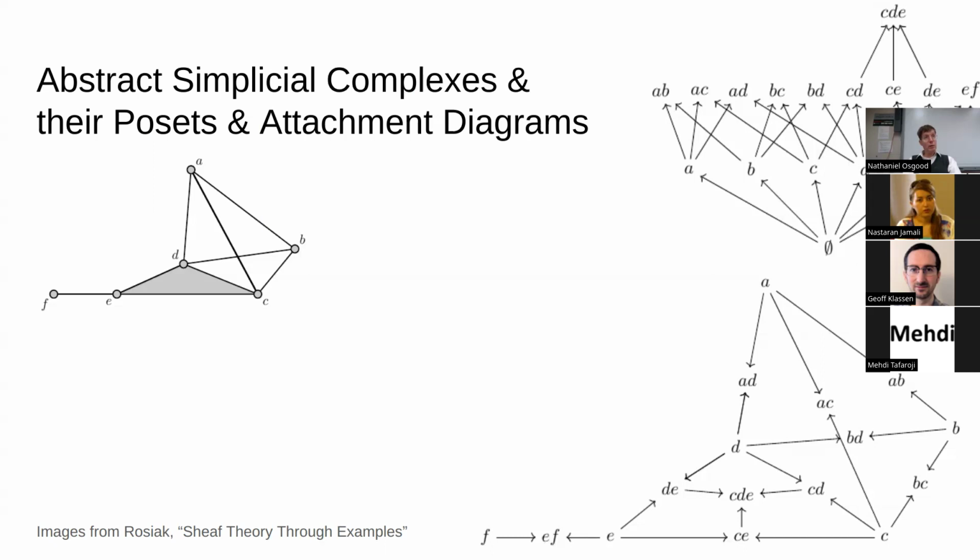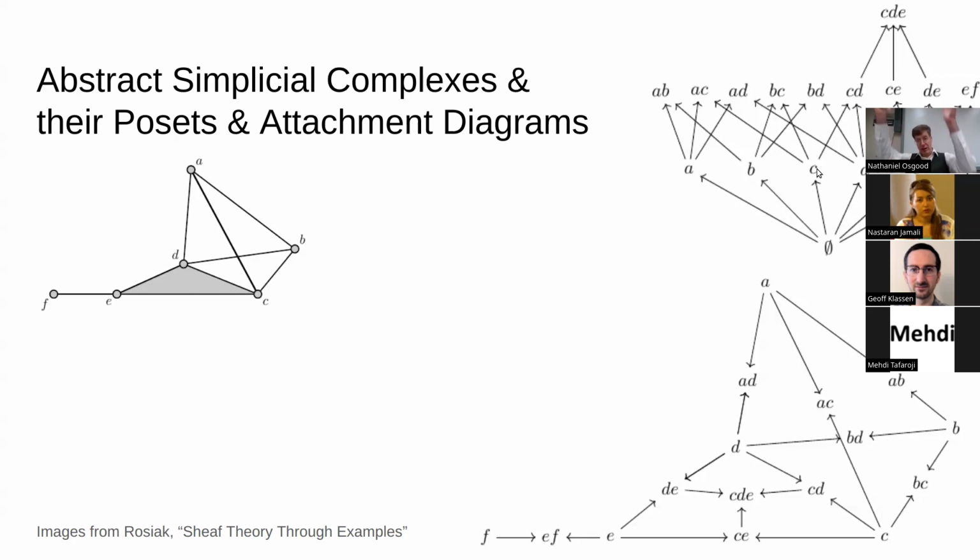Do you see that? Similarly, let's take C here. What's its star? Its star consists of C, but it also consists of anything that you can get to above it. We call it its upset. Can you tell me what are the things in its upset?